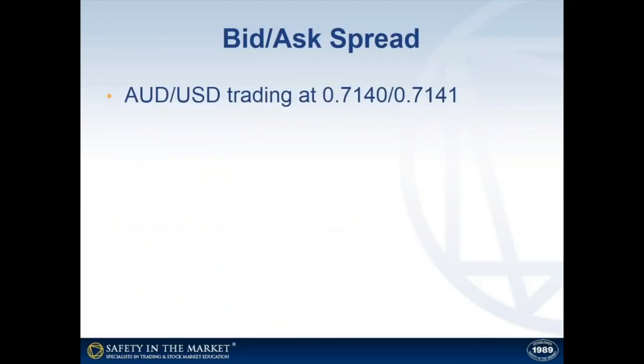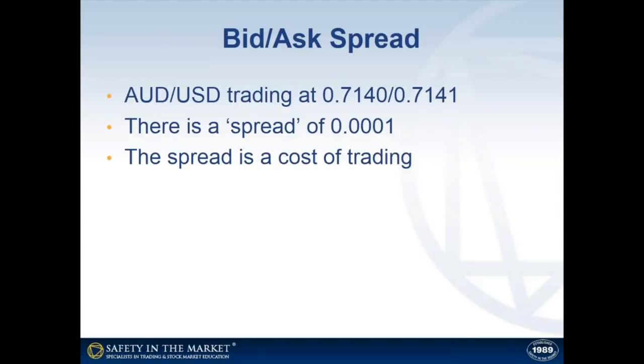Okay, so again, if the Aussie dollar US dollar is trading at 71.40/71.41, it means there's a spread of 0.0001 points. And the spread is a cost of trading. You'll often hear FX brokers advertise themselves as no commission or zero commission. And that's true. They won't charge you any brokerage. But when you trade these spreads, people think, oh, well, there's always going to be a bid-ask spread anyway, so I'm trading FX for free.